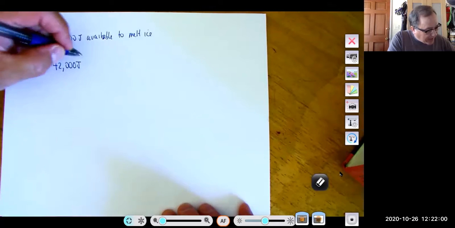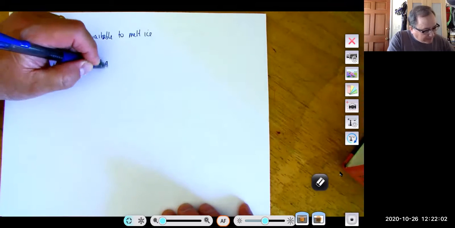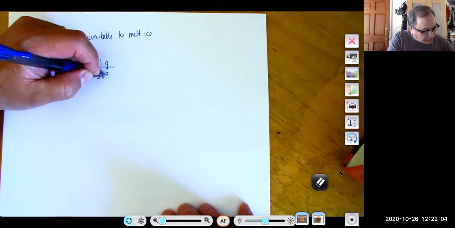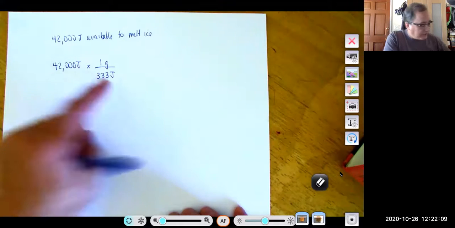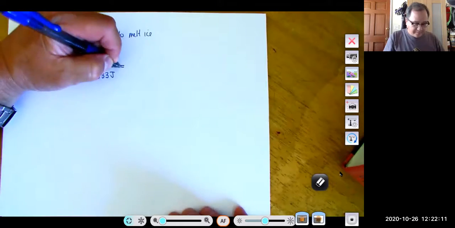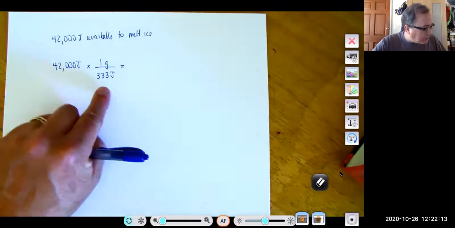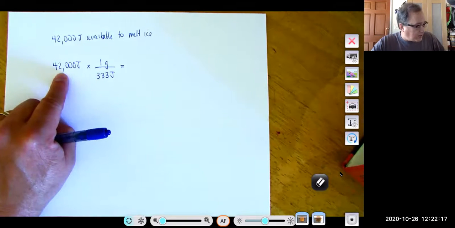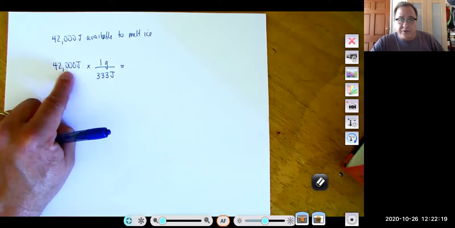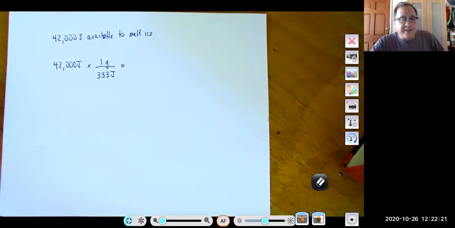And we know that 1 gram takes 333 joules. Can I use the heat of fusion upside down? Absolutely. So how many times does 333 go into 42,000? It goes in 3 times 42 times. And 3 times 42 is roughly 120.